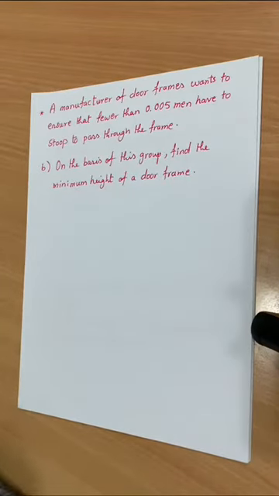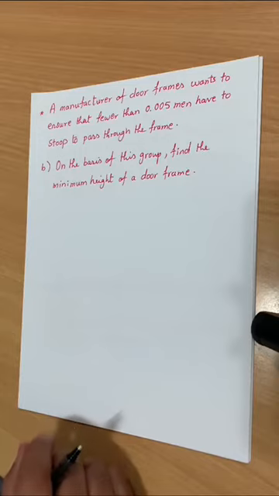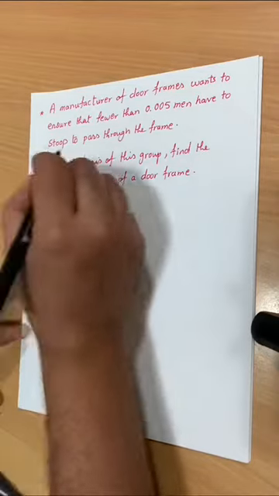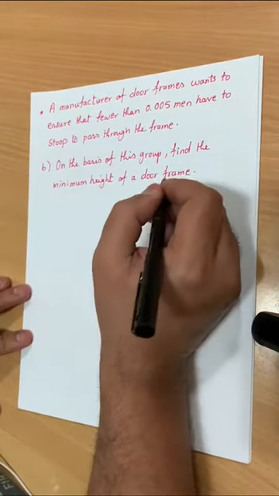A manufacturer of door frames wants to ensure that fewer than 0.005 of men have to stoop to pass through the frame. This question is related to the previous part. On the basis of this group, find the minimum height of a door frame.